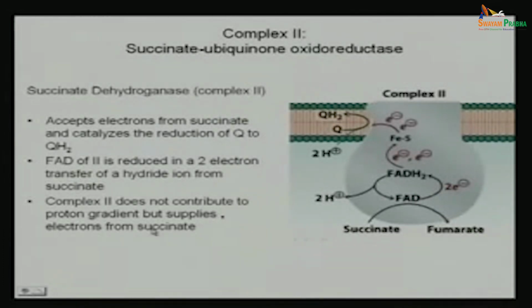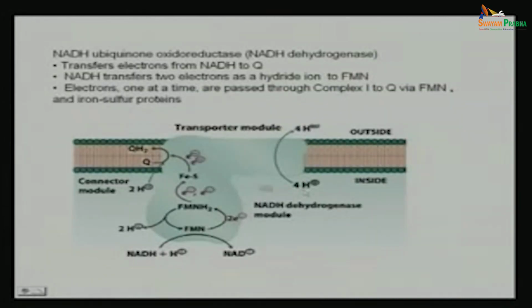That means, in the case of complex 1, if you remember, the proton gradient comes from pumping protons from inside the matrix to the intermembrane space.